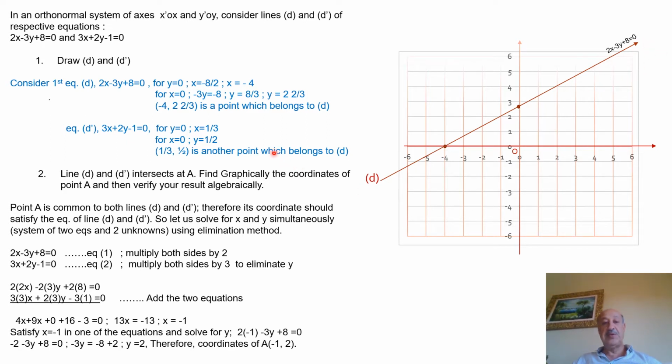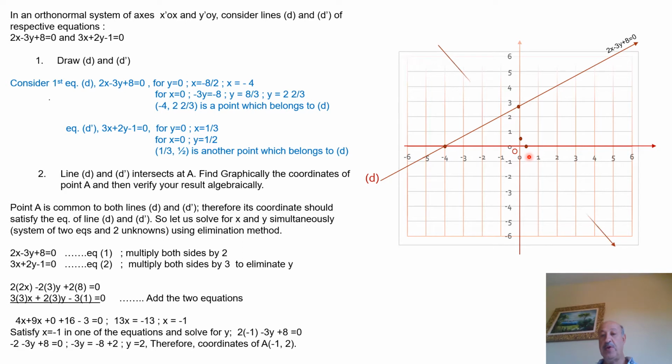So let's do the same for equation D prime. D prime is 3x plus 2y minus 1 equals 0. This time give y equals 0 and solve for x. It will give me y equals 0 and x equals 1/3. Where is this point located? It's just here. And do the same for the other point, x equals 0, y is equal to half, and this is y equals half.